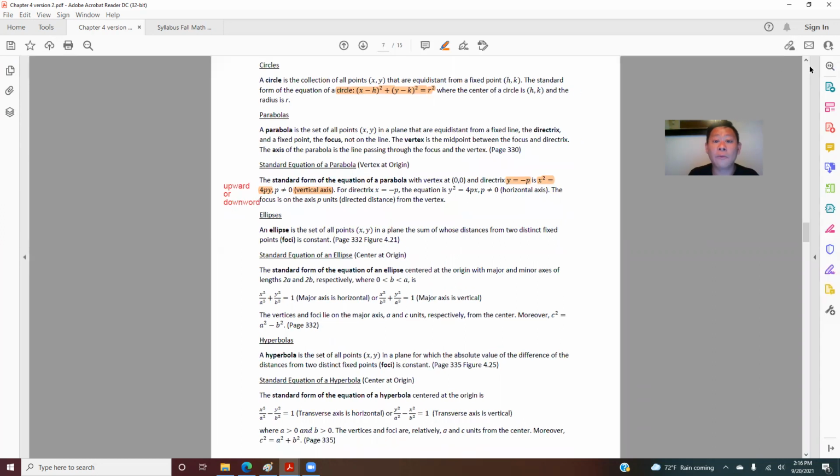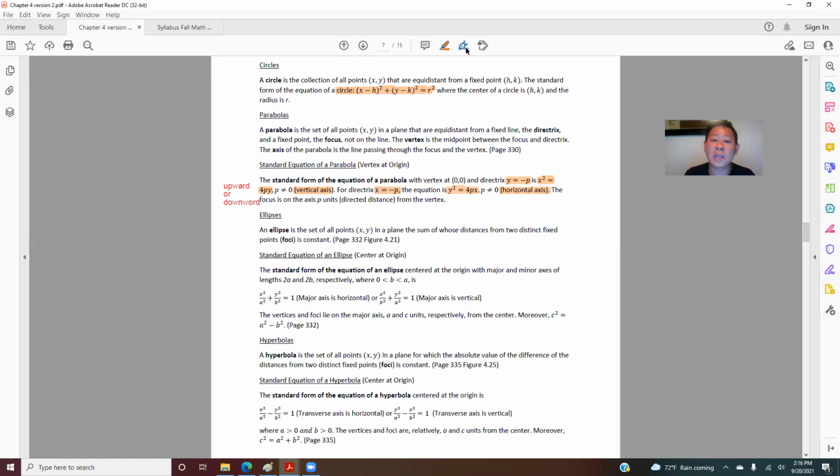Also, your parabola can open on the horizontal axis. If it opens on the horizontal axis, then you just interchange your x and y. Remember how you find your inverse function. So x squared will become y squared, and 4py will become 4px. So this is the equation of it. And instead of y equals negative p, your directrix will be x equals negative p.